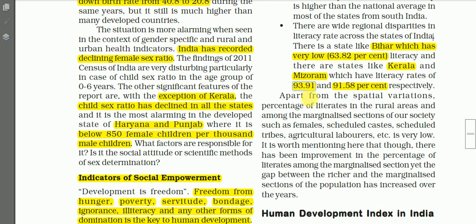So this is about the distribution of literacy rate in India, which is a very important aspect of social empowerment.